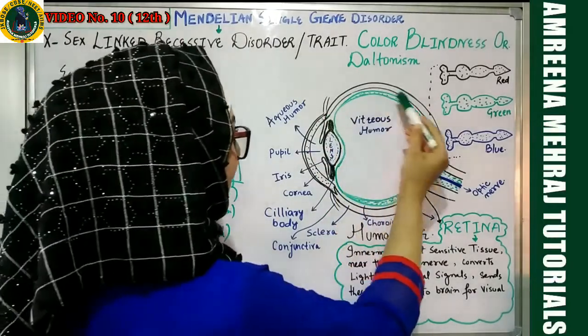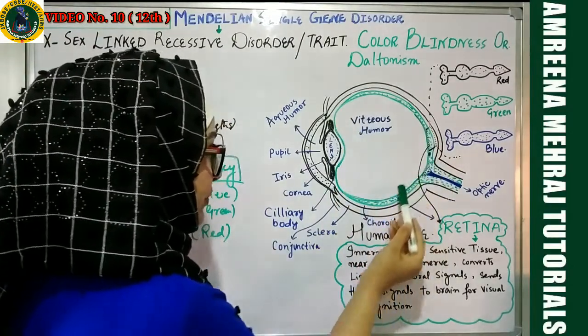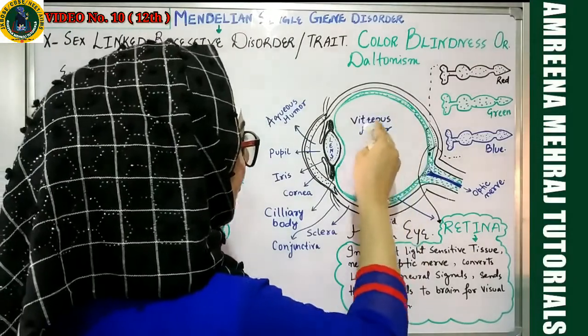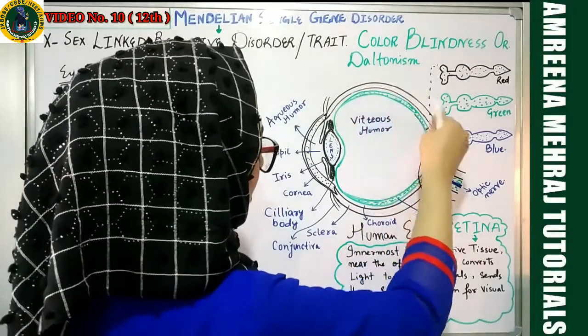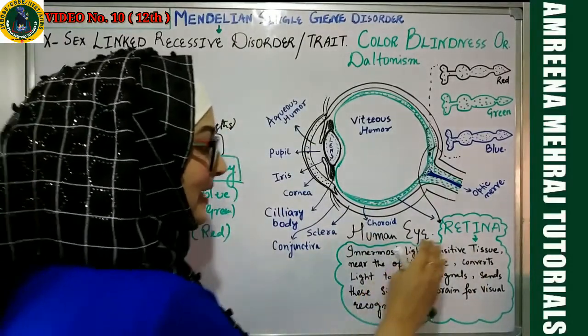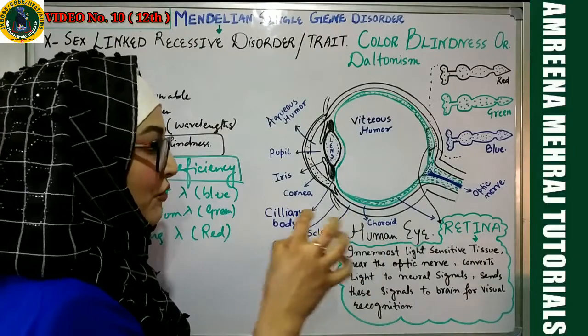That is followed by a big body which is composed of vitreous humor. It's a jelly kind of substance. Then that will be followed by the very important membrane which is called the retina. Okay, the retina is very, very important because this is the light sensitive region of our eye.